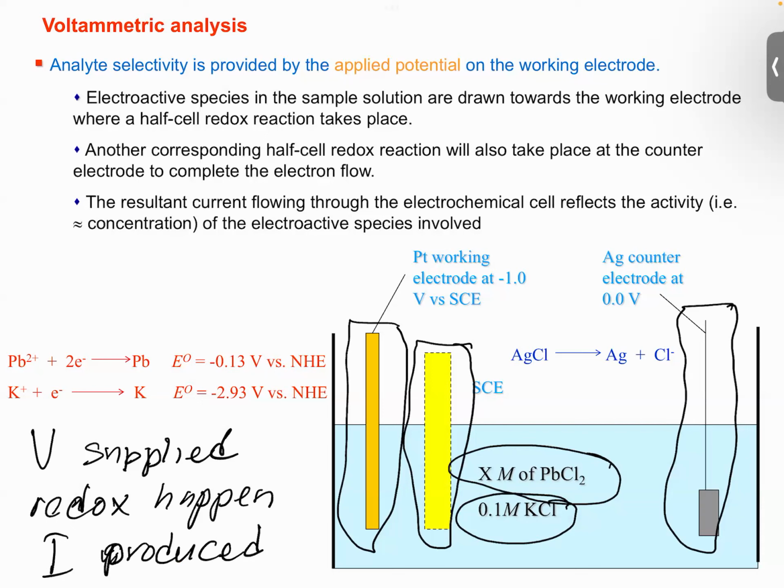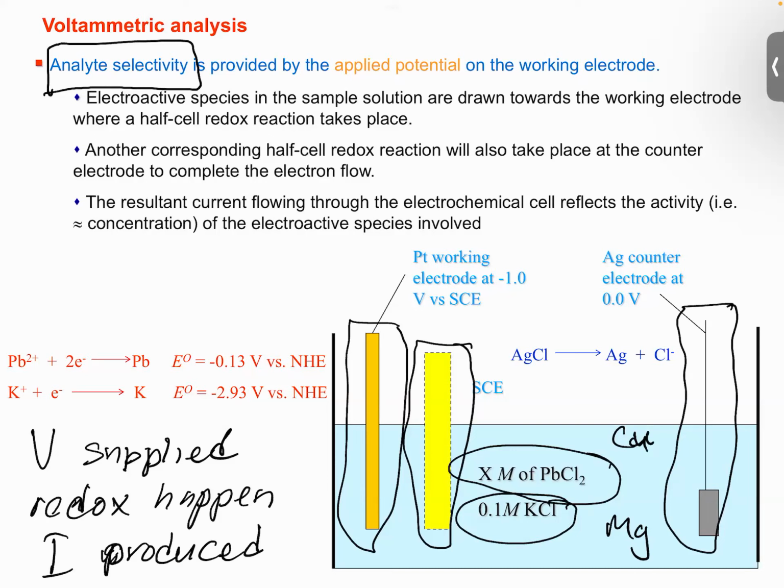Analyte selectivity means, how do we know, if we have a mixture of a few metals, for example plumbum, copper, and magnesium in the same solution, which one will undergo redox reaction and which one will not?